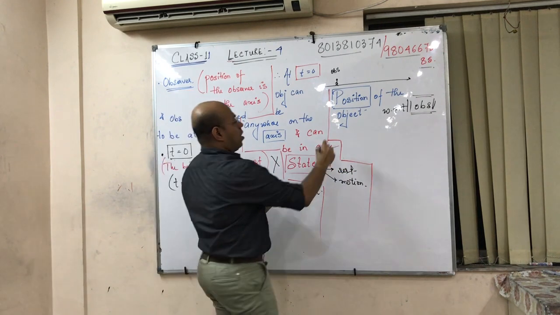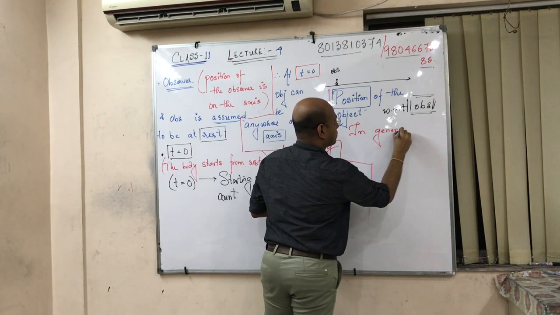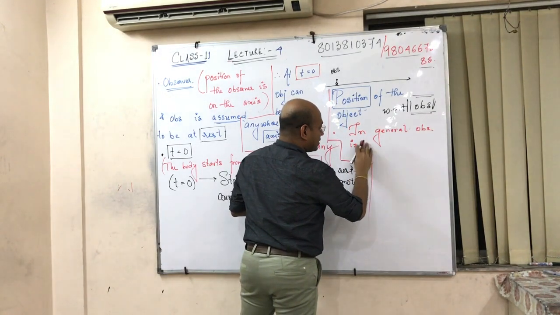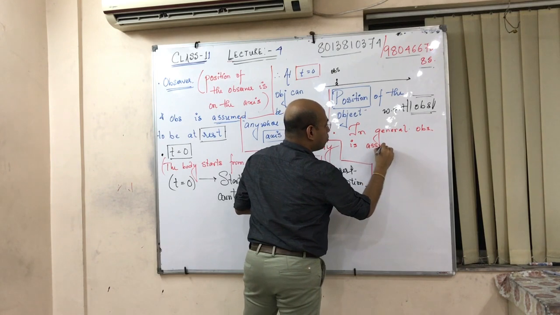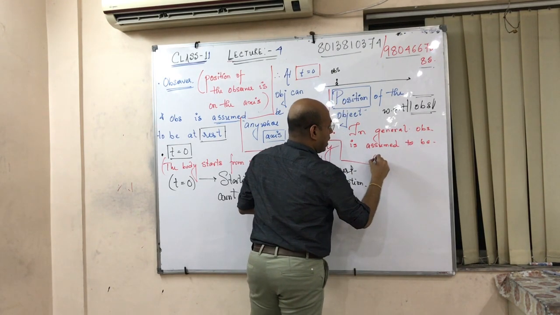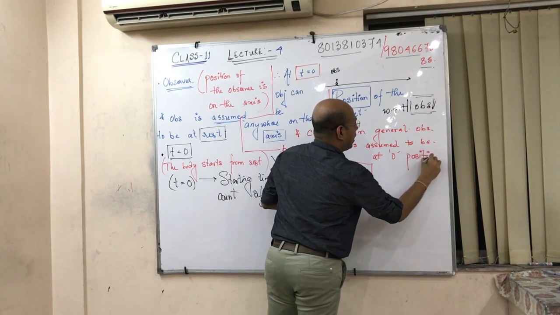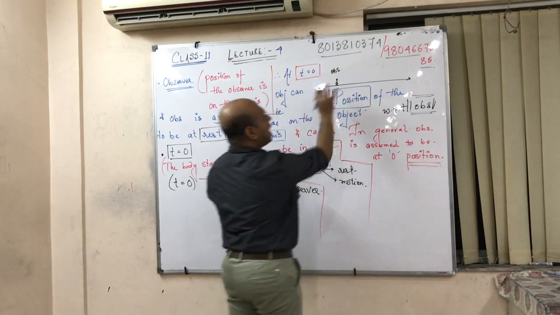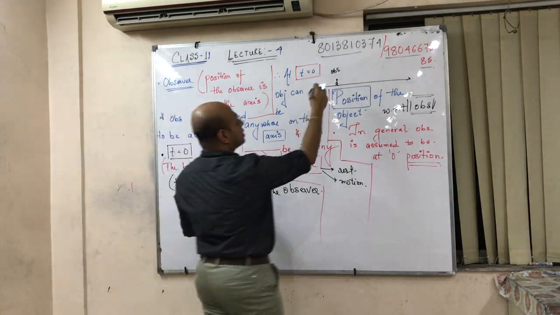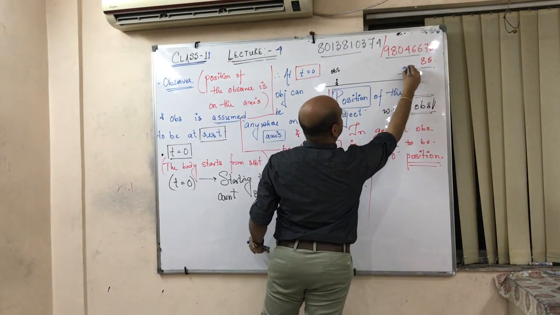Now, in general, the observer is assumed to be at the 0 position. Suppose this is the observer and this is the x-axis, out of which this is the positive direction.